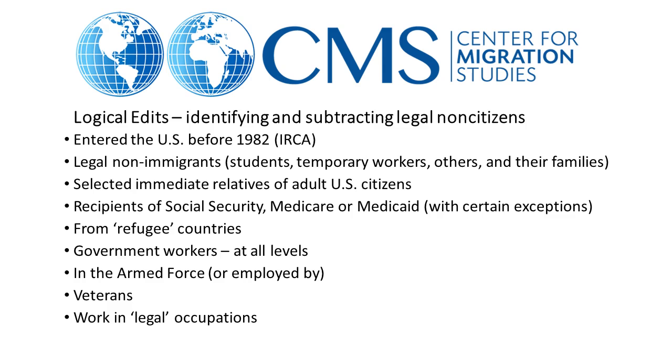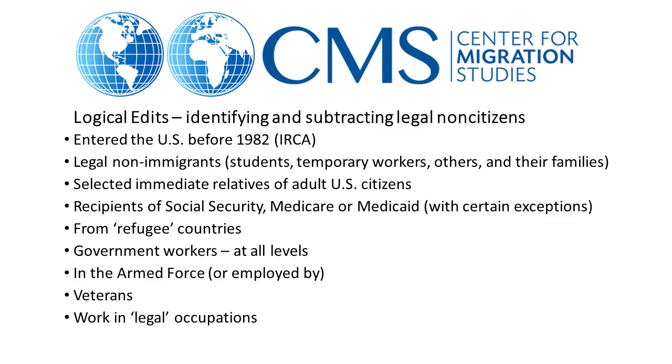If the immigrants were from refugee countries, that is, we define refugee countries as those countries where they had twice as many refugees in a year than the number of new legal permanent residents who arrived in that year, we would consider those immigrants to be legal residents.